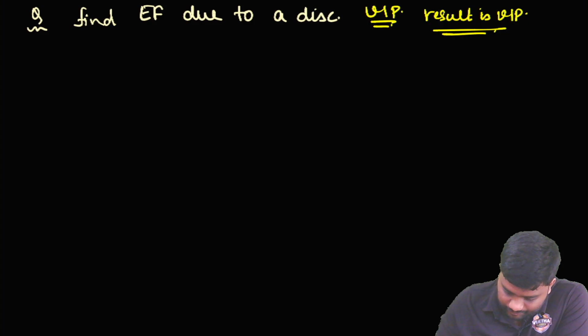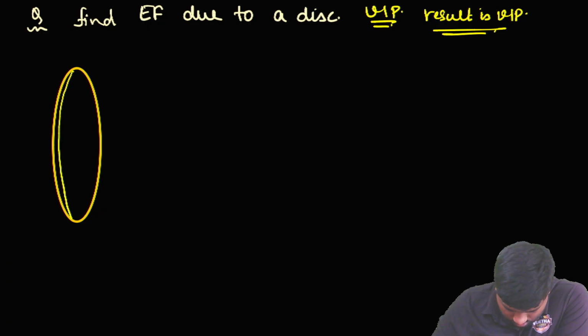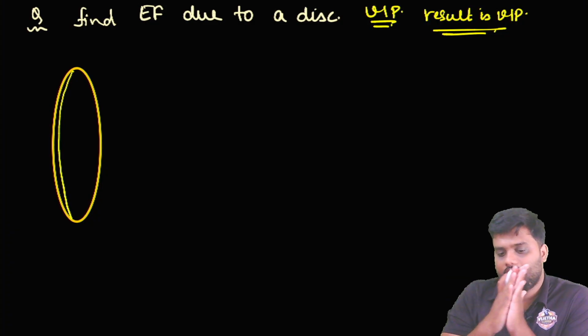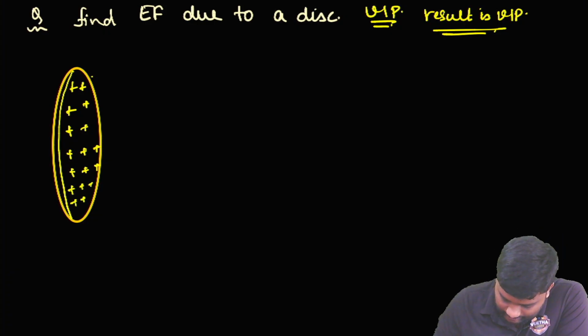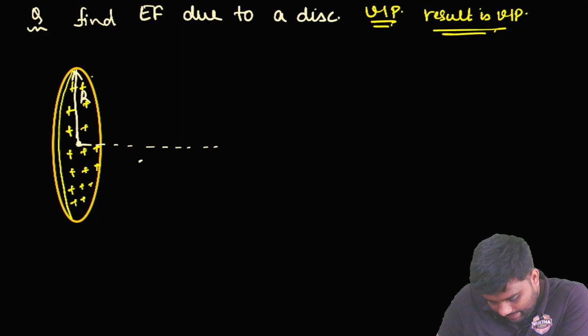So here, this is a tatte. This tatte has some sort of area. Across the whole plate the charge is distributed. Okay, this disc is of radius r. Now from the center at distance x, find out the electric field.